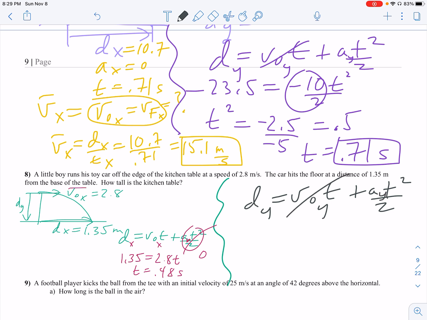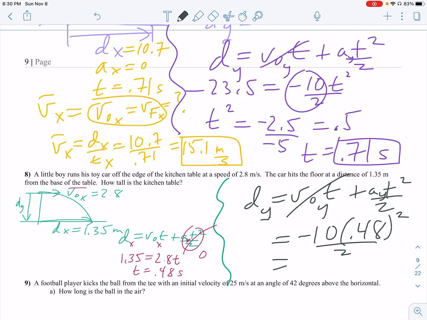So VOY is 0, right? That's the assumption. VOY is 0 at the moment it comes off the ledge. It has 0 falling speed. Okay, so dy is what I'm solving for. 0 plus negative 10 is ay. The time, that's why we found the time. So you get a negative number because of displacement.